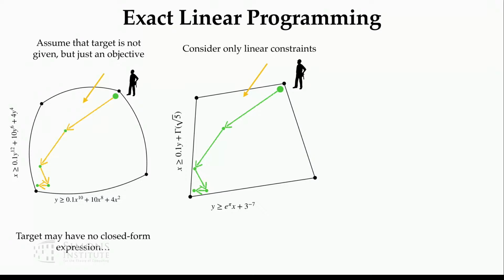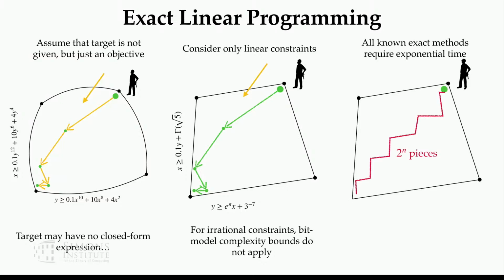And if you want to find an exact solution, then classical methods wouldn't apply here, because they can go arbitrarily close, but you cannot really jump to the optimal solution. And it turns out that if you have these irrational numbers, then classical methods like interior point methods have the same behavior as the original maze that we saw, and you can require up to 2^n many pieces to find your optimal solution.